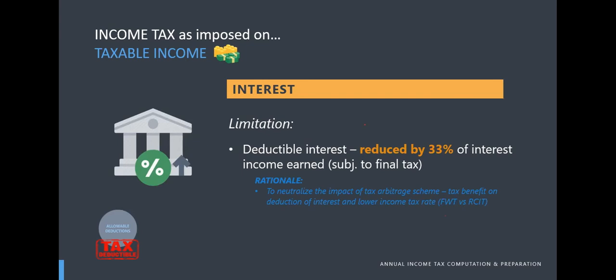While for interest expense, 30% yung savings nila sa tax. So there is a 10% savings on tax, kumbaga. So, to minimize this tax avoidance scheme, this is what the government pushed for as limitation.